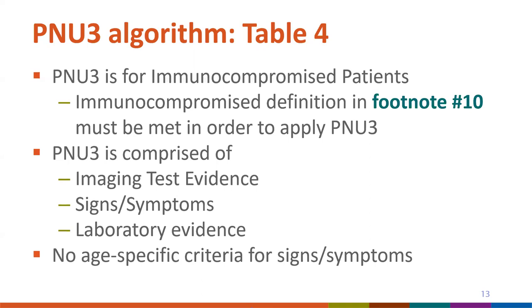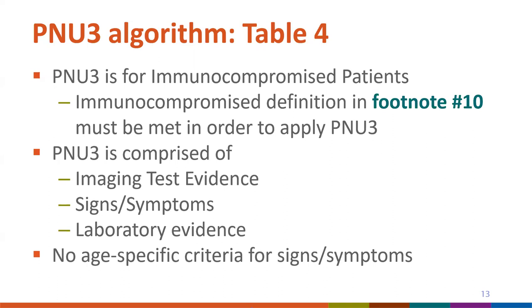New 3, which is located in table 4, can only be applied to patients who meet the new immunocompromised definition in footnote number 10 in the new protocol. And we'll cover this later in the presentation. Required elements in the IWP include imaging test evidence, signs and symptoms, and laboratory evidence as defined in the laboratory column of the algorithm.